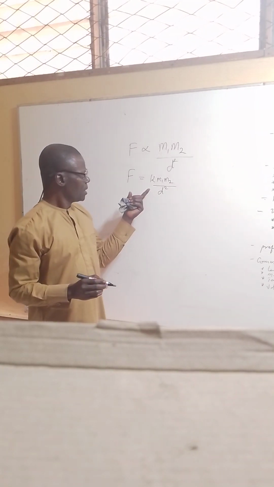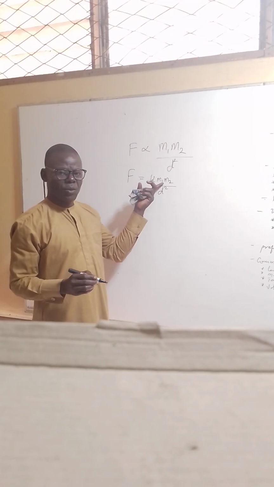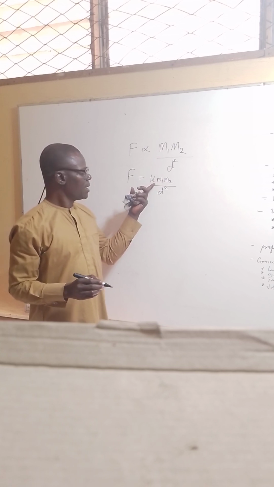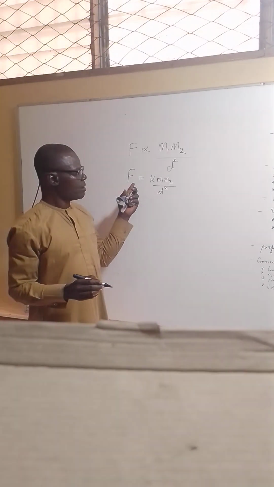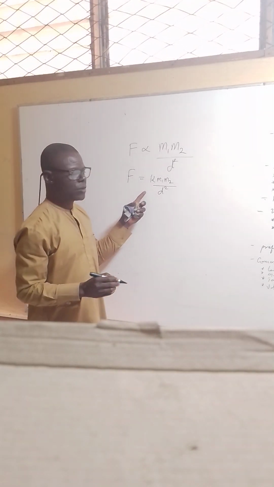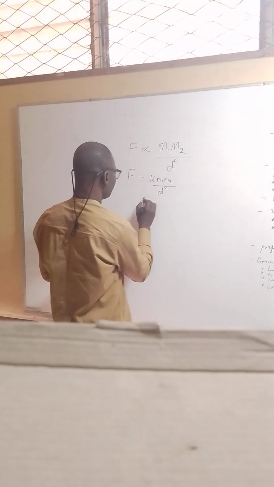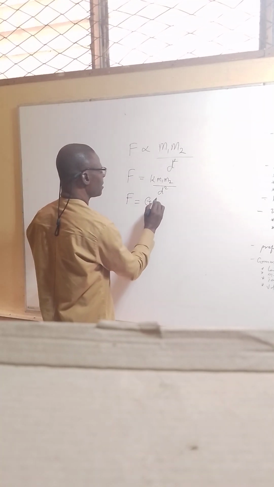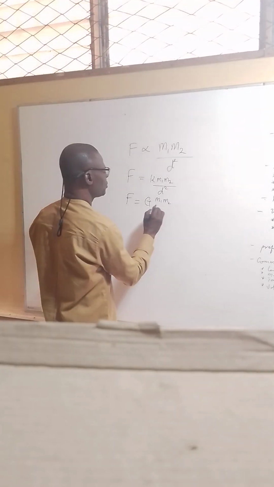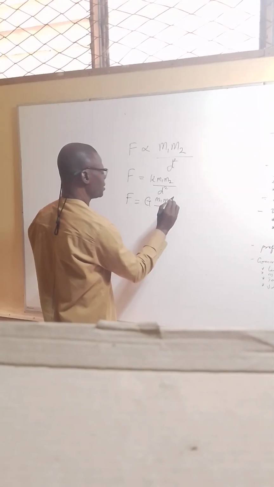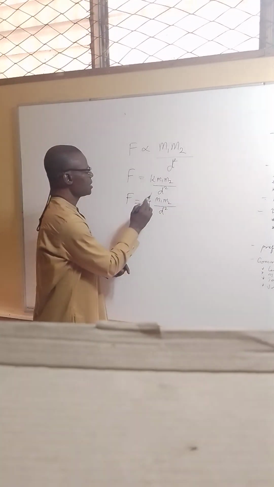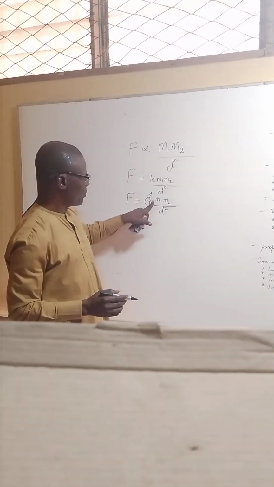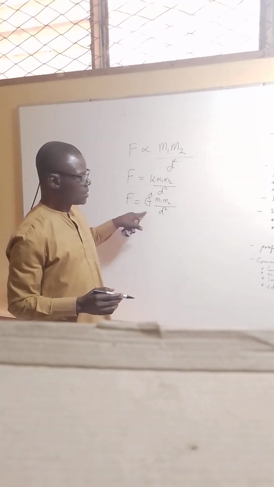What does this mean? From here, we will also need the value of this constant. In the case of gravitational attraction, force is equal to G M1 M2 over D squared, where G stands for the constant of gravitational attraction.